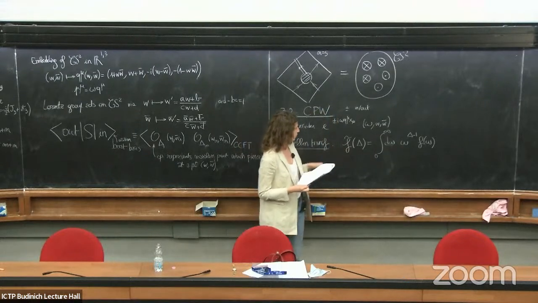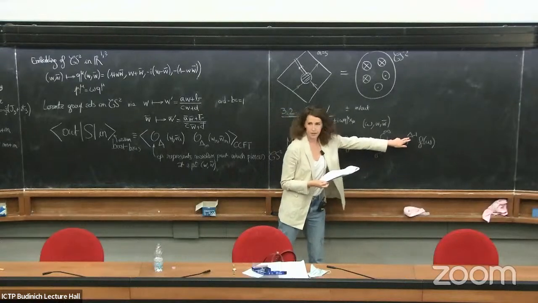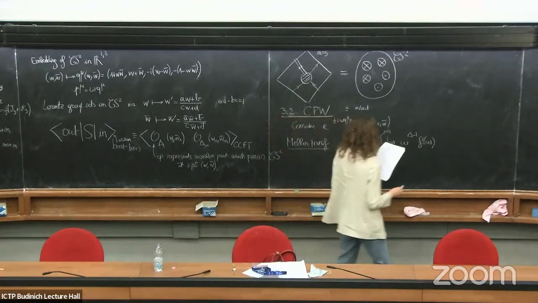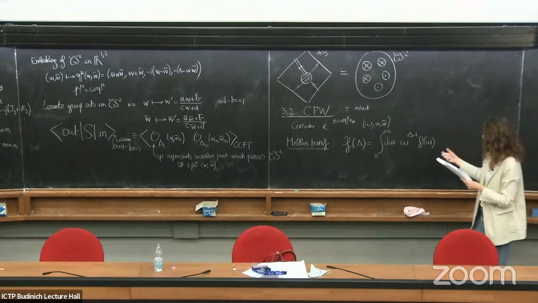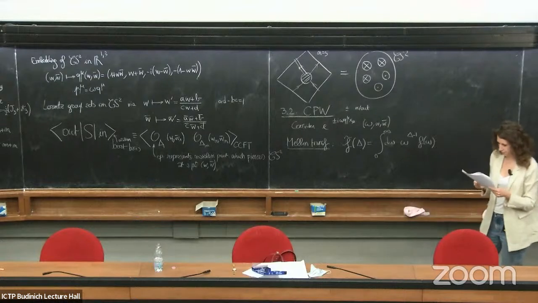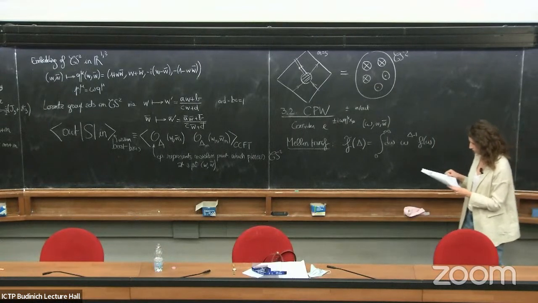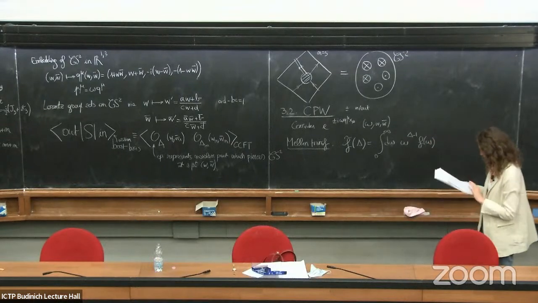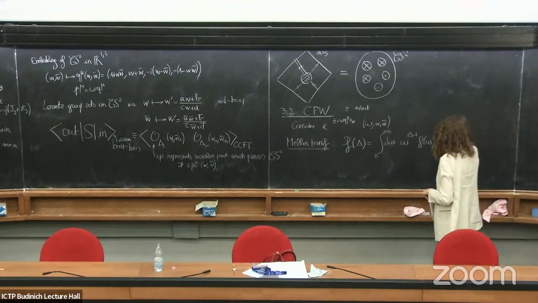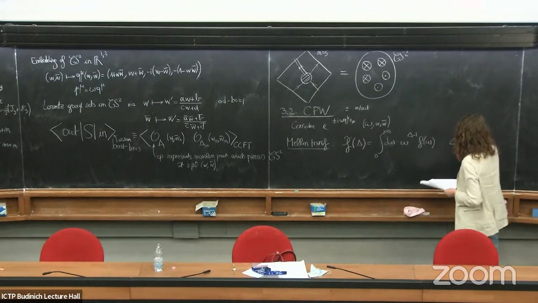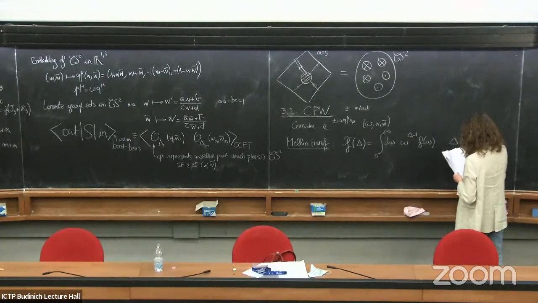It returns a new function which now depends on this variable that appears in the integral transform. There are some assumptions on this function f for the Mellin transform to be well defined. If you're interested, you can ask me for references, but I don't want to enter into too much detail. So delta in principle is generally complex in this expression.